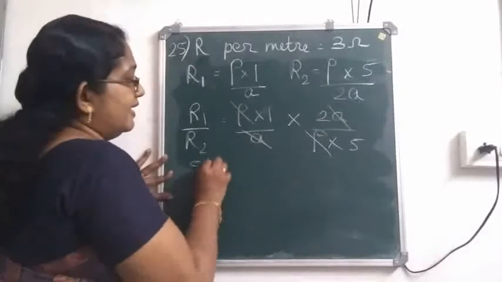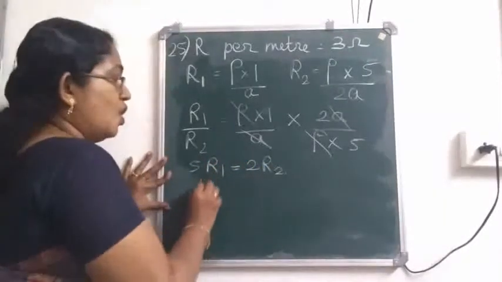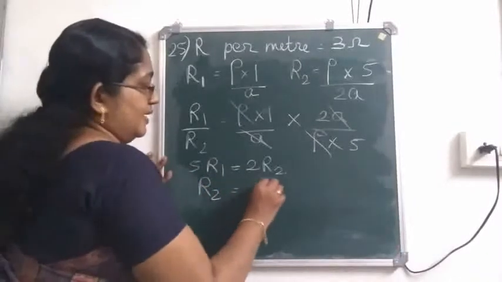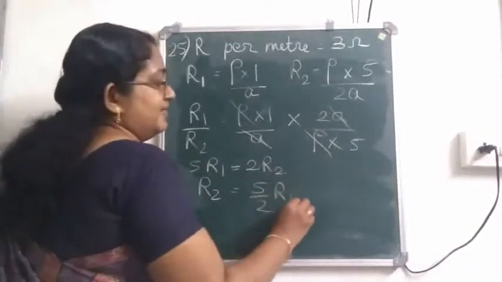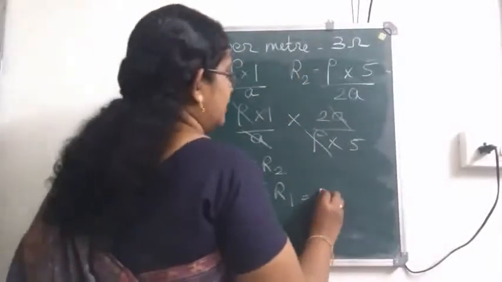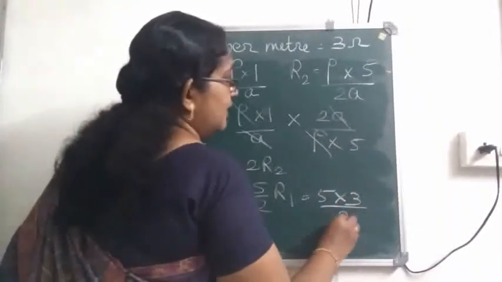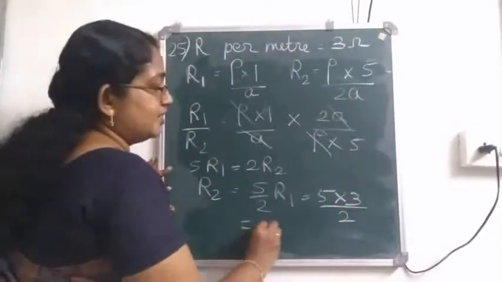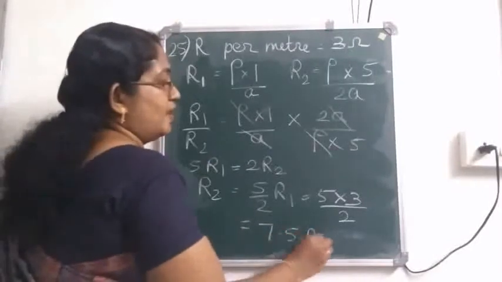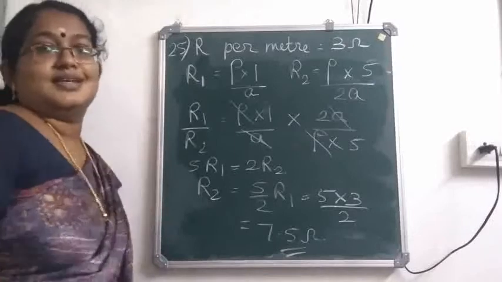So you will be getting 5R1 is equal to 2R2, or R2 is equal to 5 by 2 R1. And what about the value of R1? It is 3 ohm, isn't it? That is 5 into 3 by 2, 15 by 2, which is equal to 7.5 ohm. So this will be the new resistance. Okay.